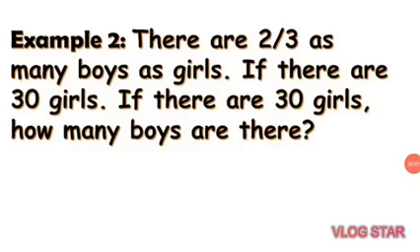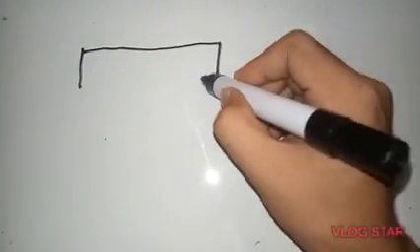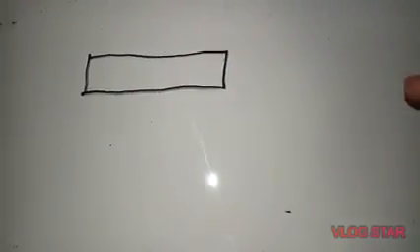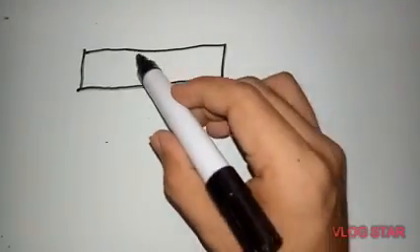The second example is there are two-thirds as many boys as girls. If there are 30 girls, how many boys are there? Since there are two-thirds as many boys as girls, let's say that this is the girls. And since we're talking about two-thirds, let's consider the denominator as 3.